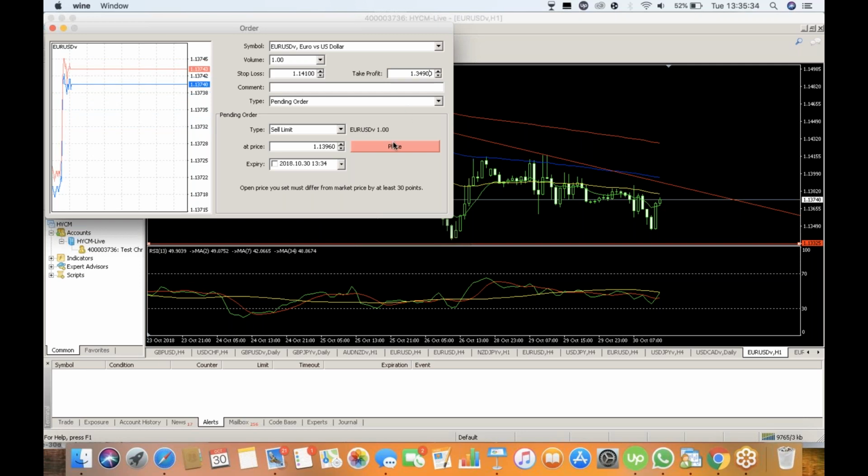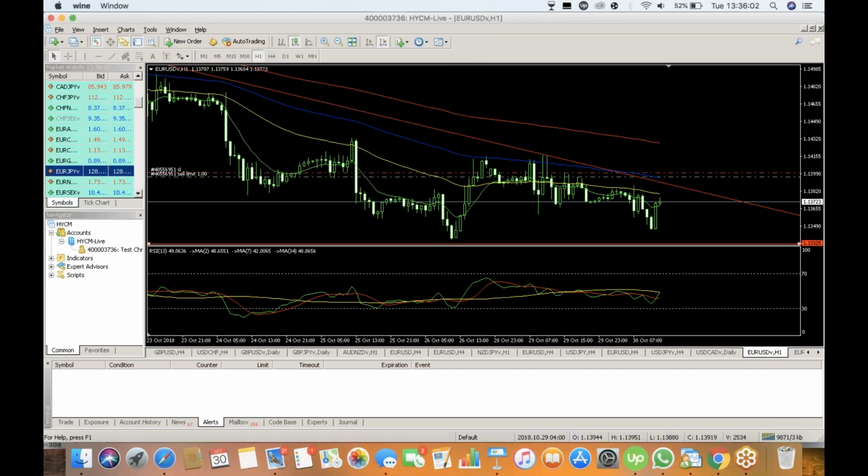Let me just see what I've done. 1.1396, 1.14. Let's see if I just put enter in there. Right, okay, so we'll just pop that there. We'll give the stop a little bit wider.